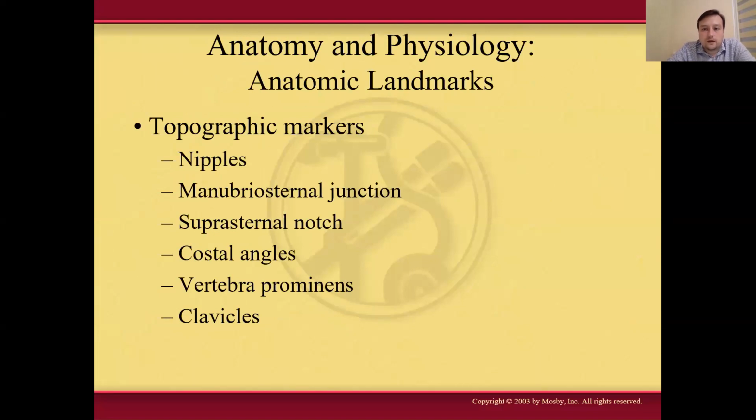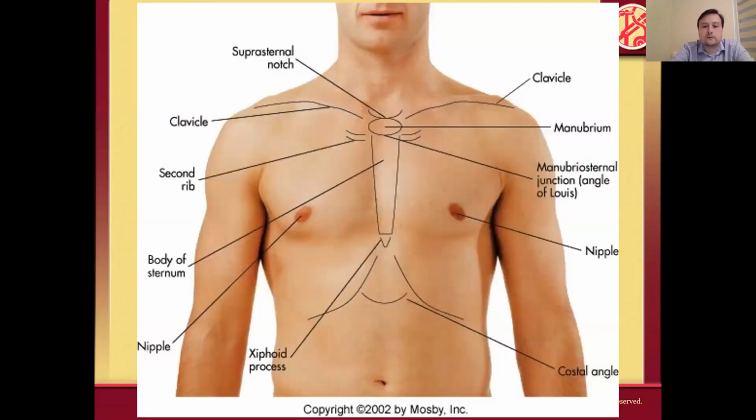So, topographic markers of the chest. We have nipples, manubriosternal junction, suprasternal notch, costal angles, vertebral prominence, and clavicles. All these are topographic markers and you need to remember them. All these things which we talked about, you see in the picture.